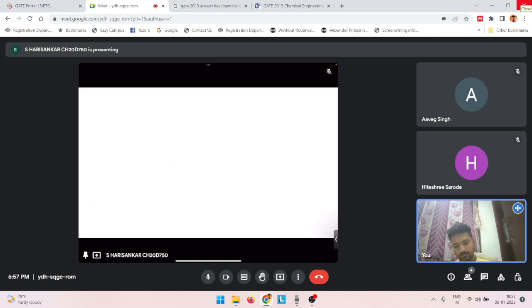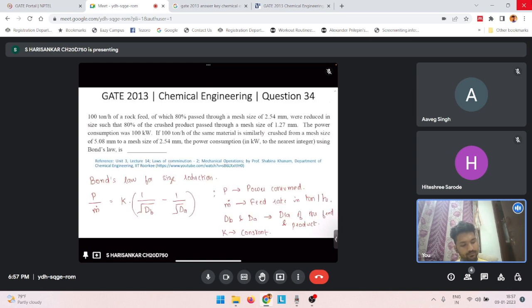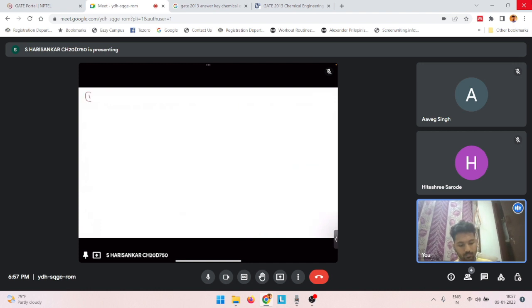So in the first part of the question, they have given the sizes: 2.54 millimeter was reduced to a size of 1.27 millimeter. So we will write the Bond's law for this size reduction first. Let's take it as case 1.